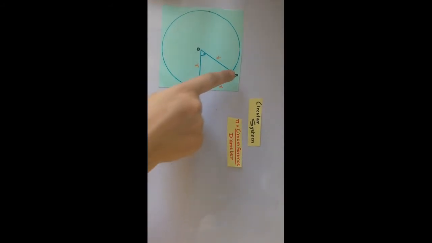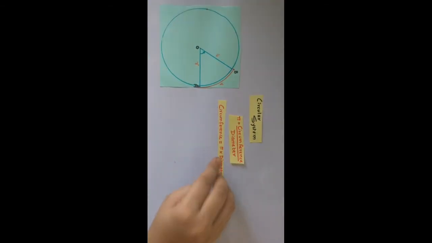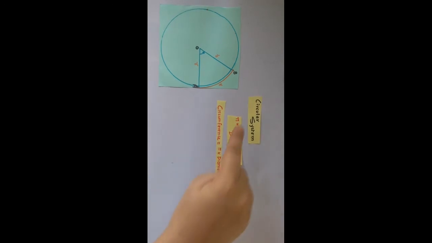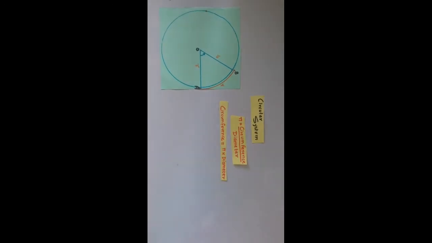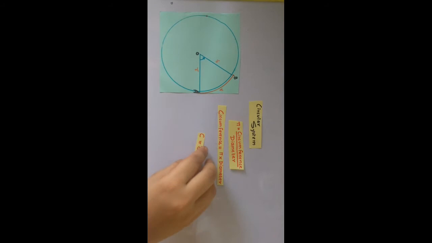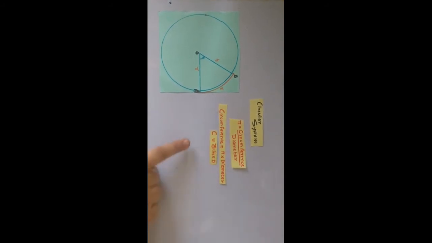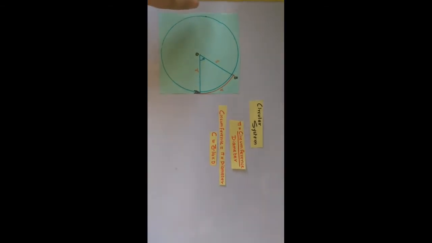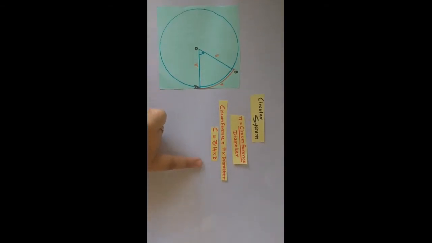Or if we go through a semicircle, we will observe 3 and something. From our previous video we can conclude that circumference C is equal to 3.14 multiplied by diameter.